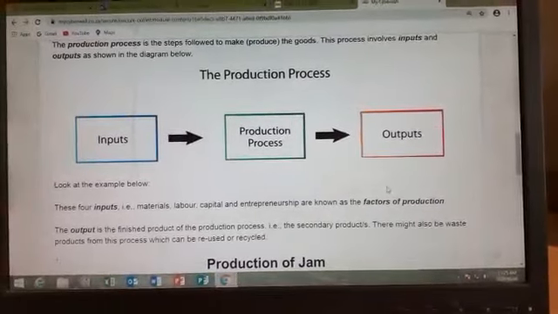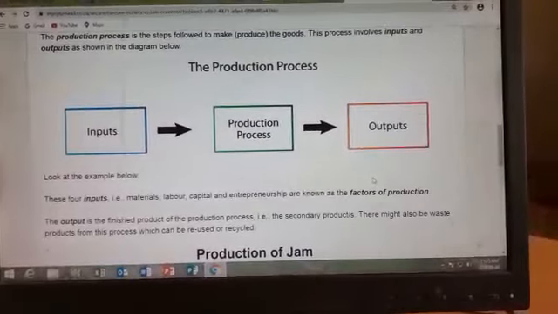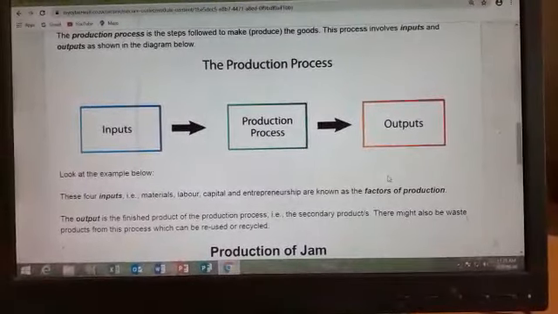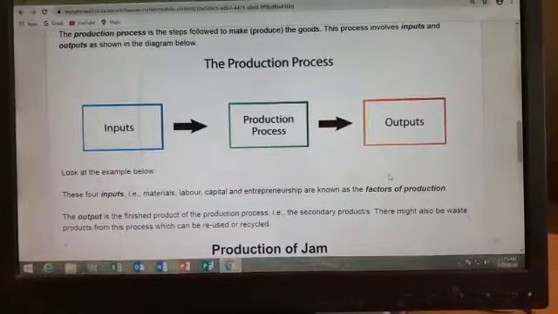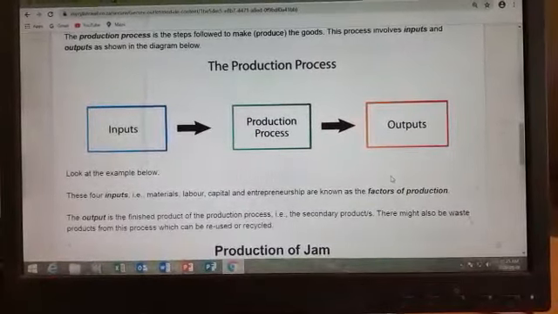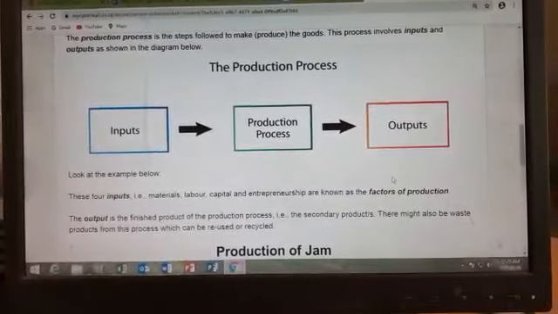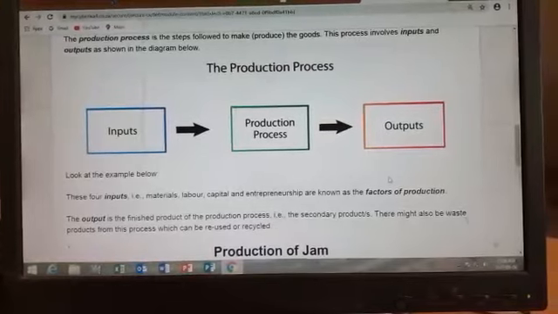So if we refer back to the cow and the dairy farmer, your input would be the milk that was produced by the cow and sent to a factory. Then you get your production process, and this is where the factory changes the milk into different types of dairy product.